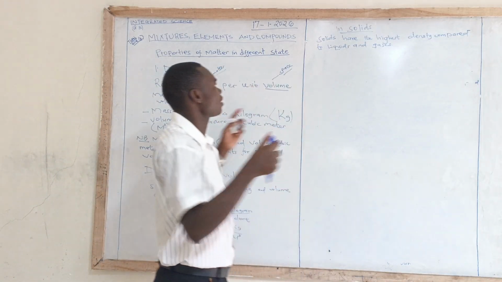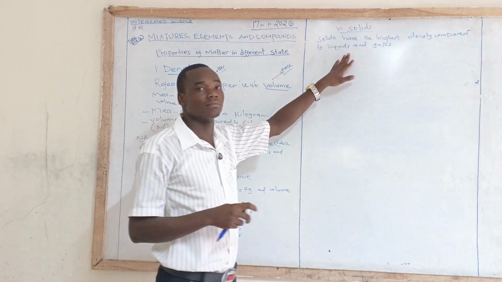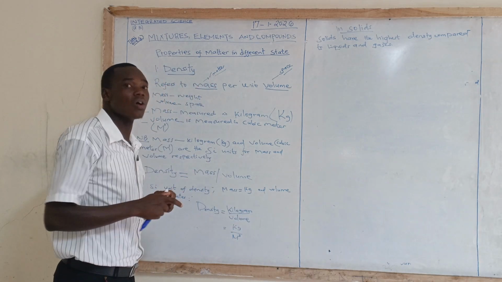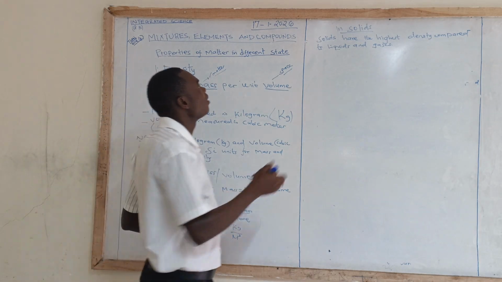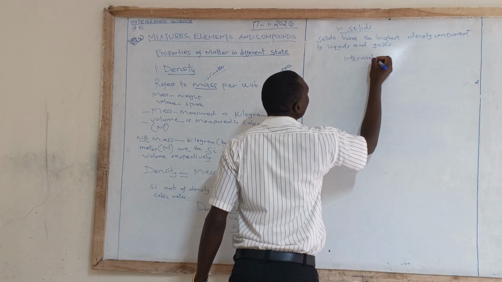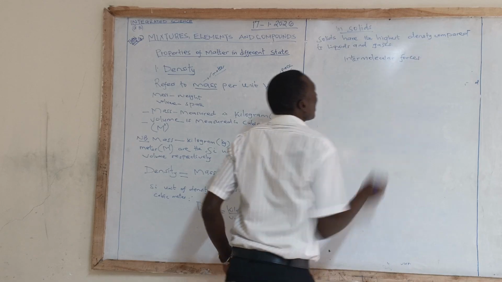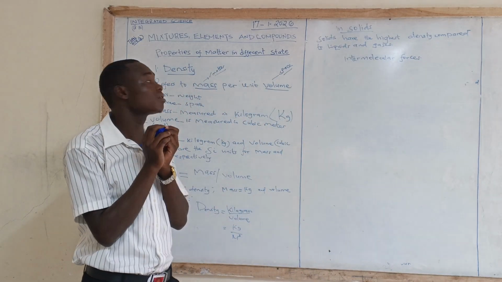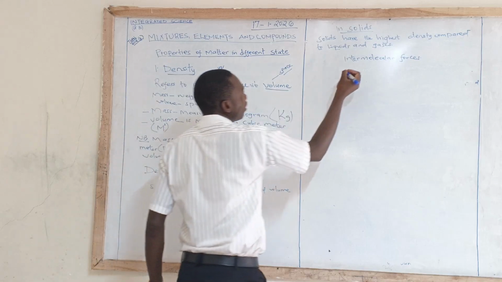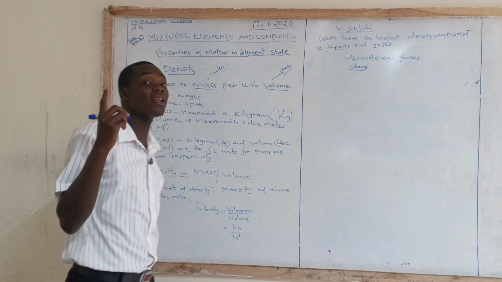Look at the particles of liquids. They are weakly held by forces, and an example of such forces is the intermolecular forces. These forces are able to hold the particles together. These forces in solids are very strong as compared to those in liquids and gases.